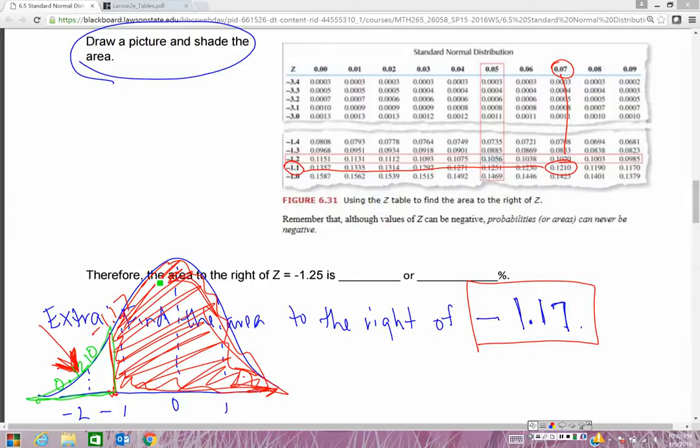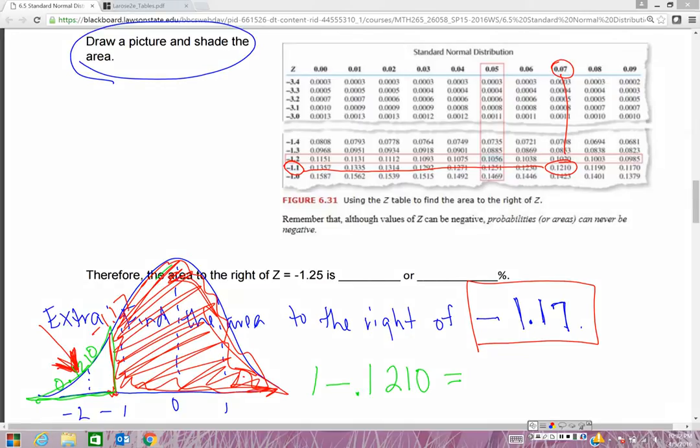However, since we want to know the area that's to the right, what should we do with this value 0.1210? We should subtract it from 1. So we're going to go 1 minus 0.1210.